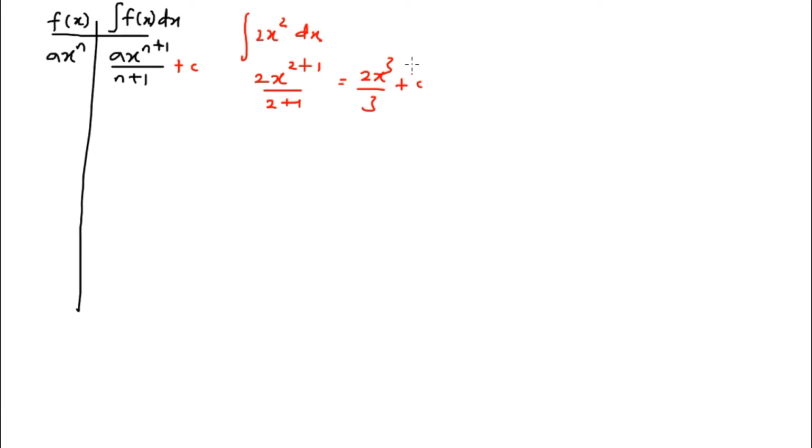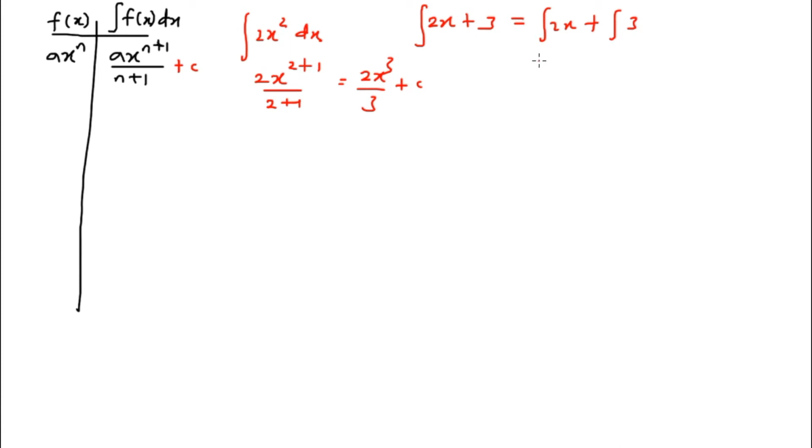Why do we normally add plus c to it? Because there is an assumed constant. The constant can be 0, it can be 1 or 2, it can be any figure without x. Let's say you have 2x plus 3. The integral of 2x plus 3 is the same thing as the integral of 2x plus the integral of 3, all with respect to x.